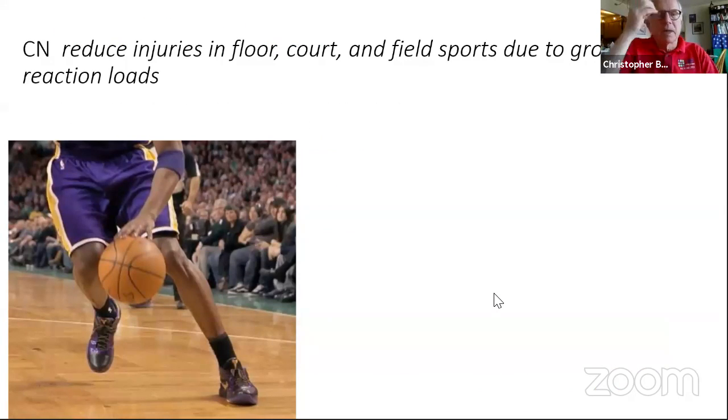All right. So let's take a look at a problem we've been working on in sports engineering. One of the things that we noticed, a customer need, is there's a lot of injuries, particularly to female players in floor, court, and field sports. Females are at several times the risk of males.